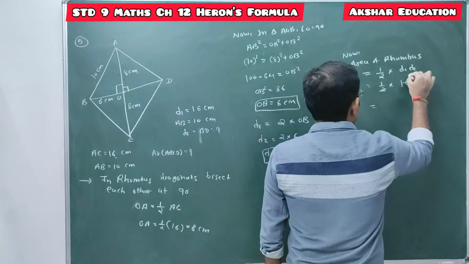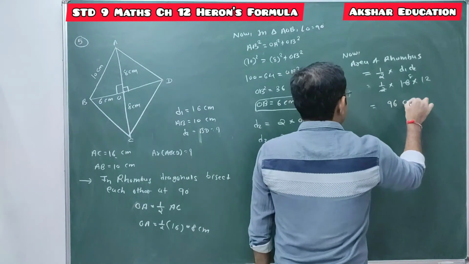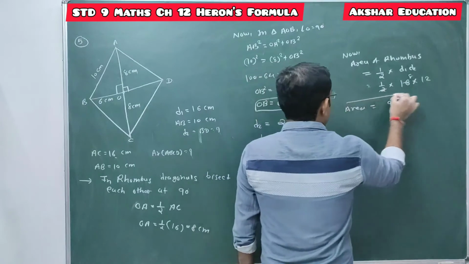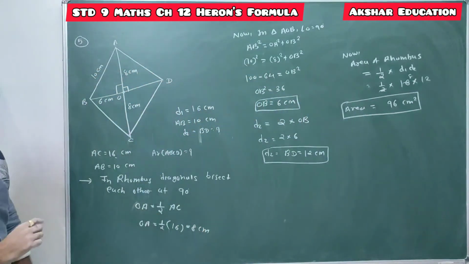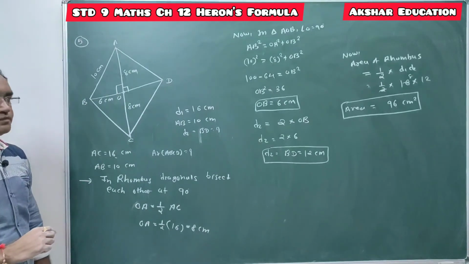So our answer is 12 eights are 96 centimeter square. This is the area. The area of the rhombus is 96 centimeter square. Clear students? So this is how you can find the area of any rhombus.